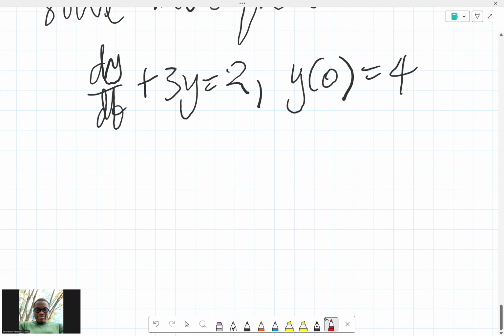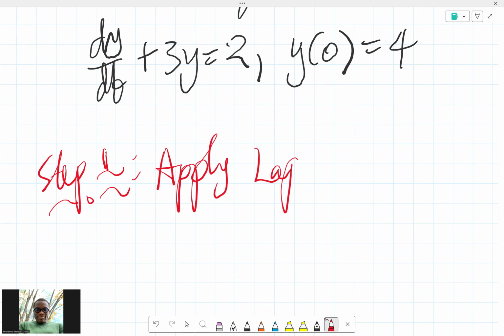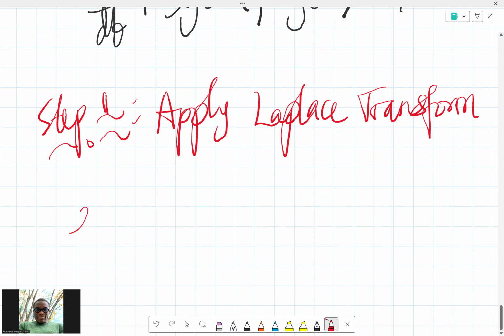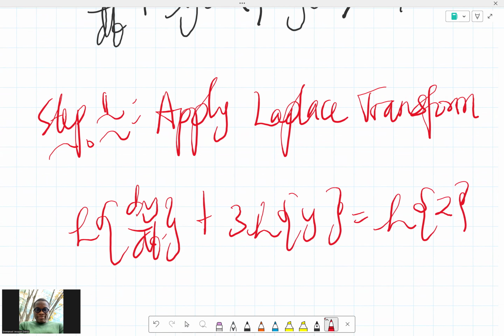So the first thing is, step 1, apply Laplace transform. So that means we have L of dy dt plus 3 L of y equals L of 2 on the right-hand side.